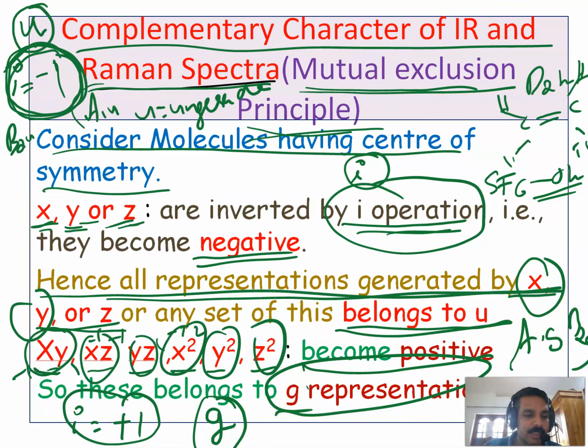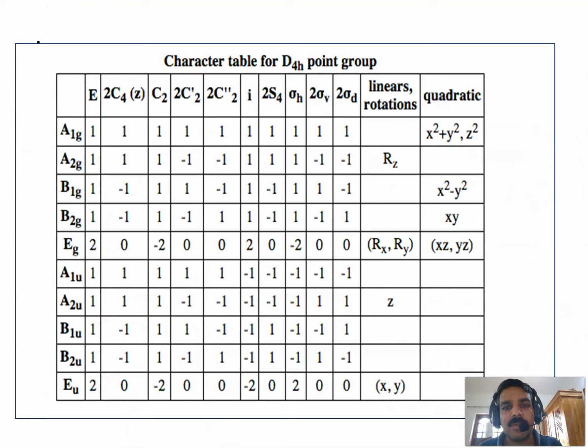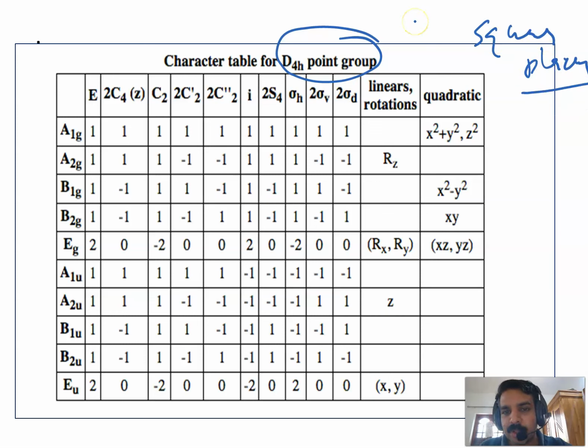For example, look at this character table. This is the character table for the D4h point group. D4h is for square planar molecules. Square planar molecules are centrosymmetric molecules. There is a center of inversion. Look here.